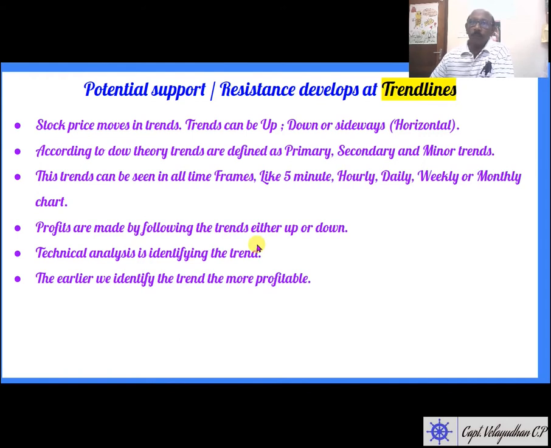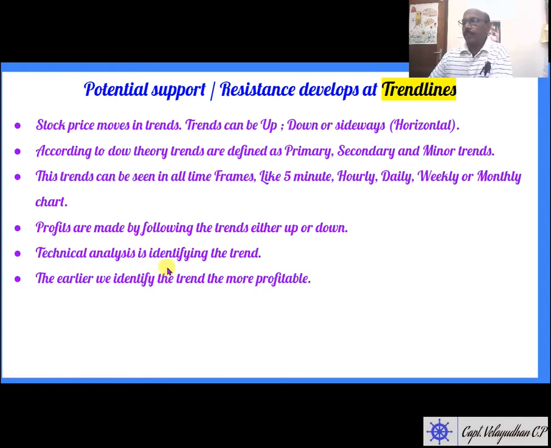Likewise, if you are getting into a bus which is already going to start or just started, you will reach the destination earlier and save time. But if you stand in the queue for the bus to come, the bus may come but there is a delay. The same thing happens when you get into the trend at the right time. You will come out with more profits.